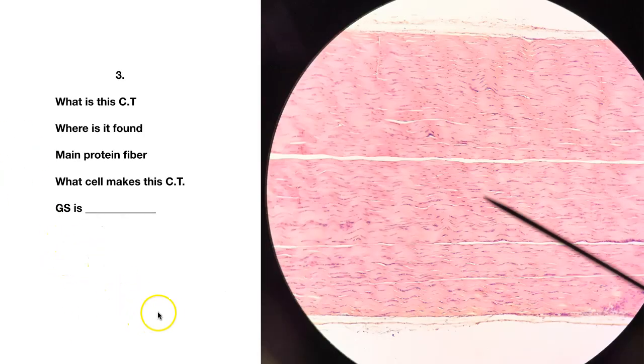Here's slide number 3. You look at this. What is this connective tissue? What is this connective tissue called? Where is it found? There are 2 places you have to know where this is found.